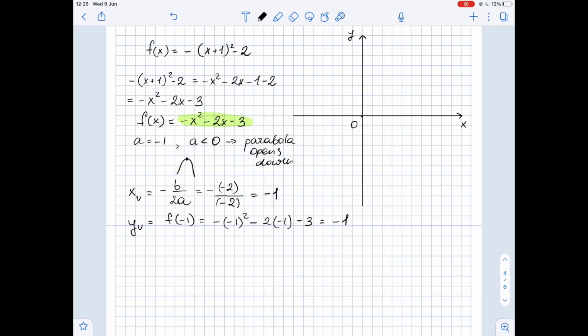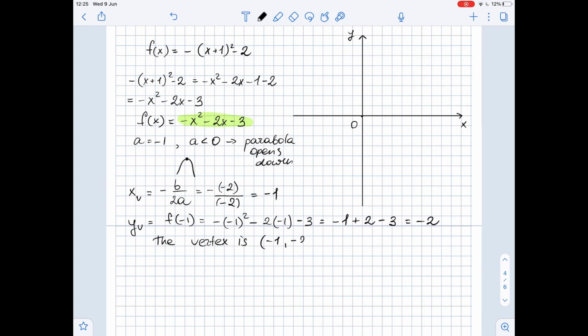Then 2 times negative 1 is negative 2, and here we have minus, so it's plus 2 and minus 3. So the whole thing is equal to negative 2. That means that the vertex is negative 1, negative 2.